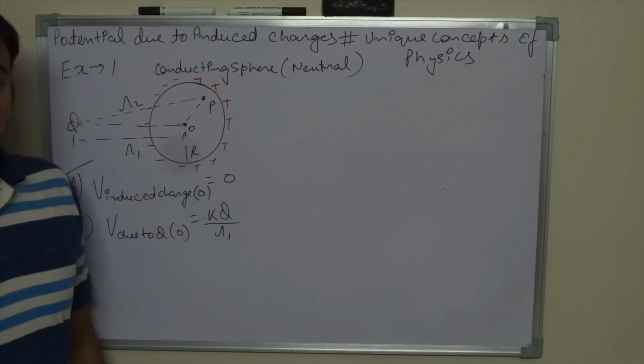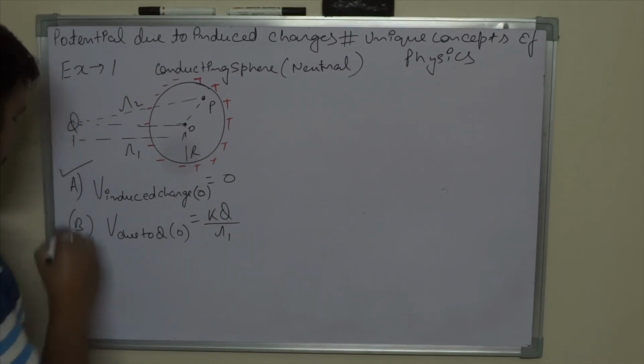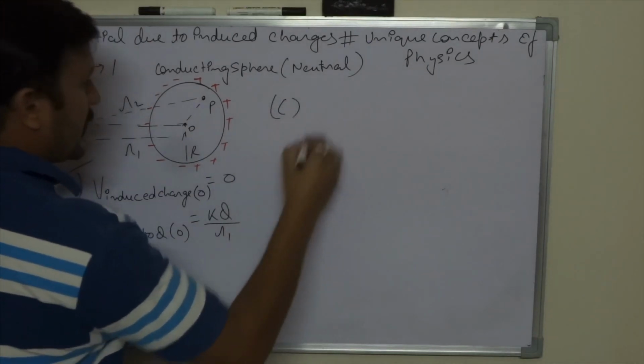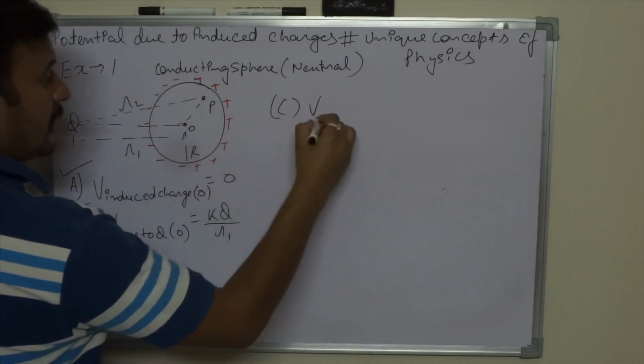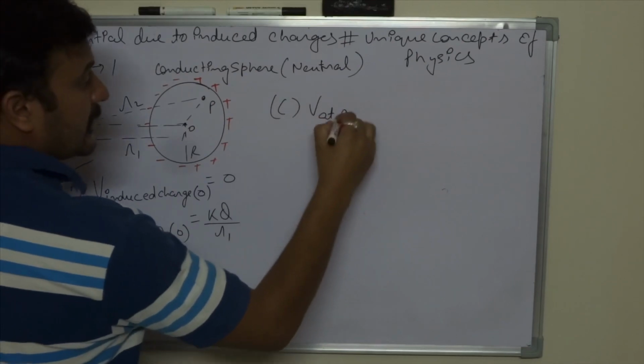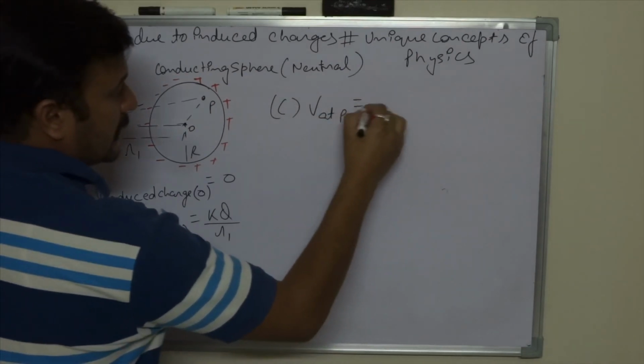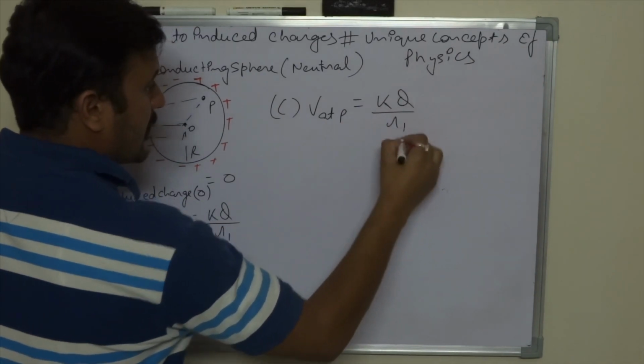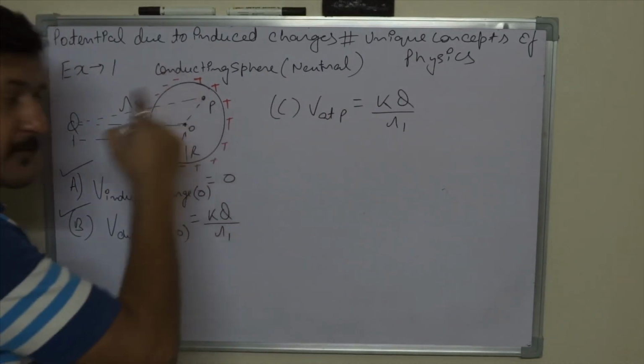This is also correct. Then C, potential at P is equal to KQ by R1. Now this is also correct.